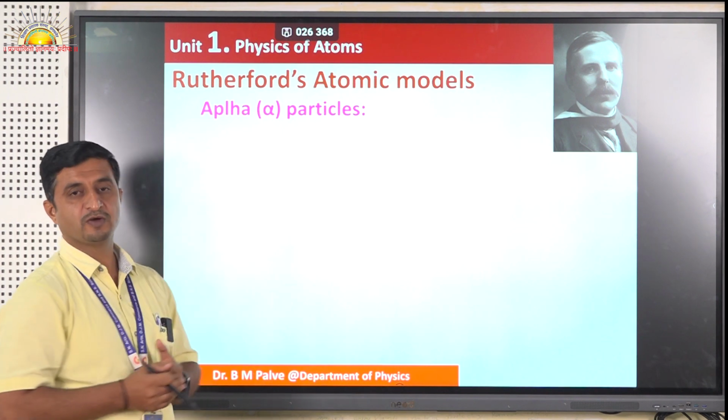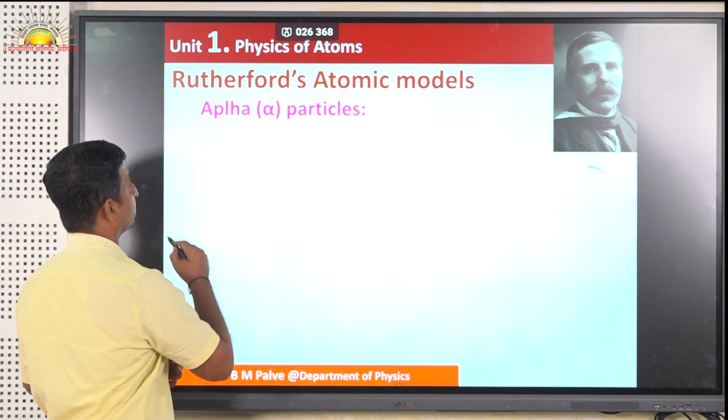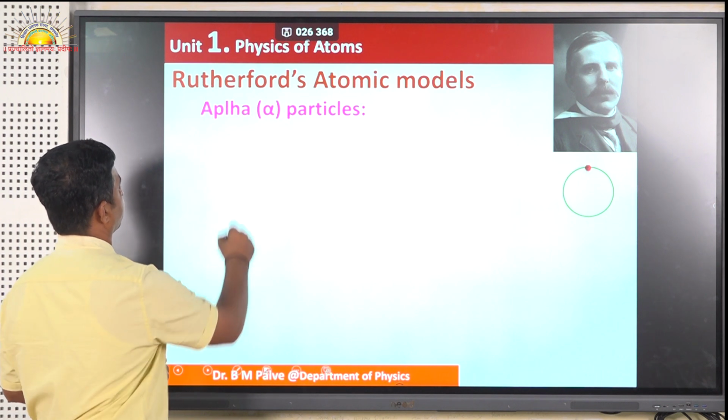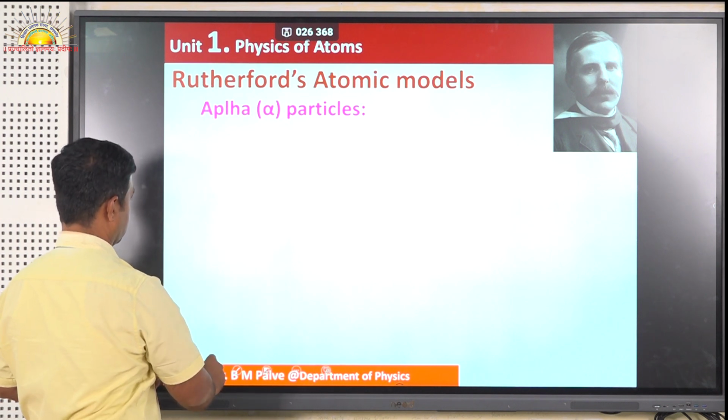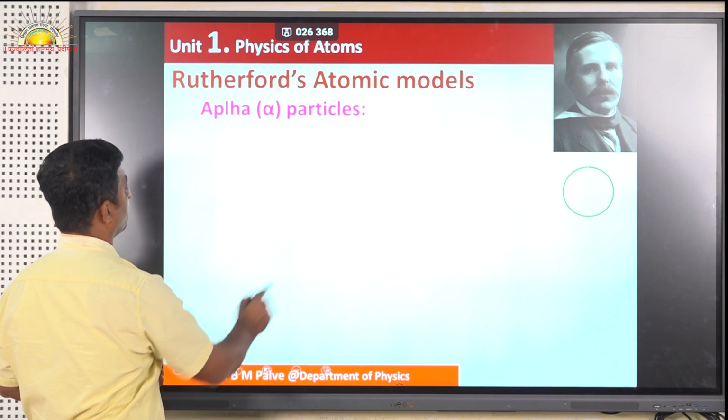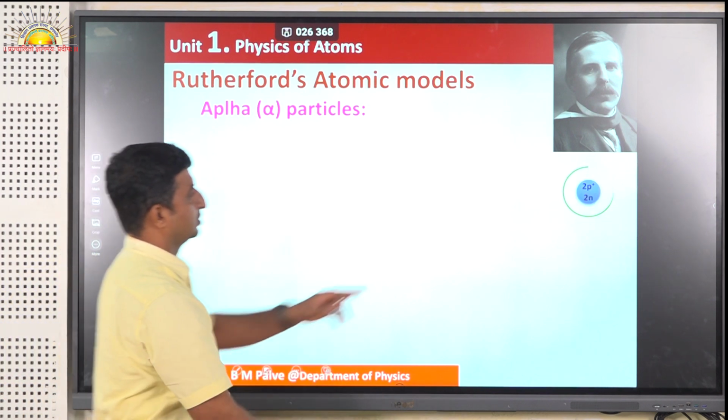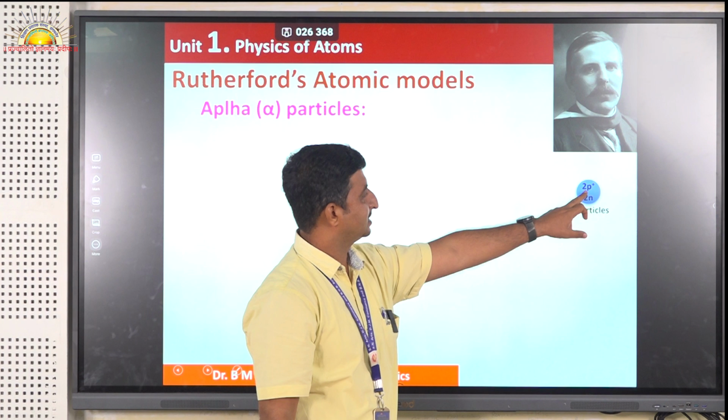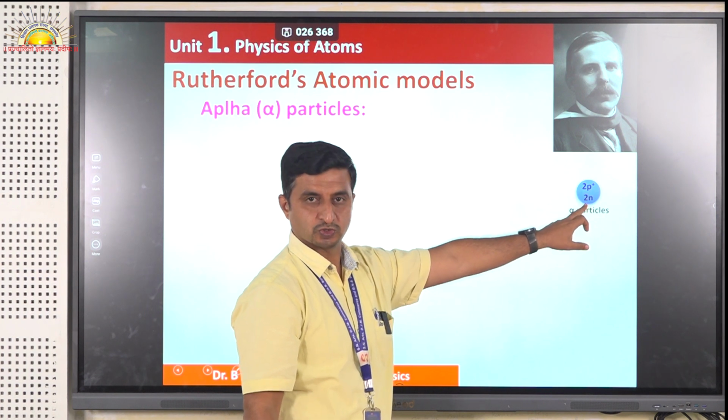So what are the properties of alpha particles? An alpha particle contains 2 protons and 2 neutrons.